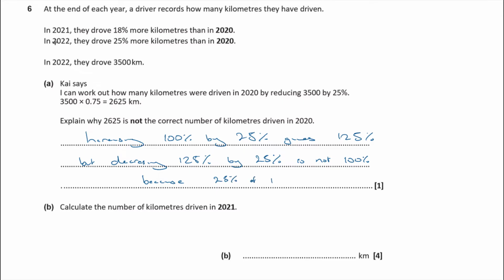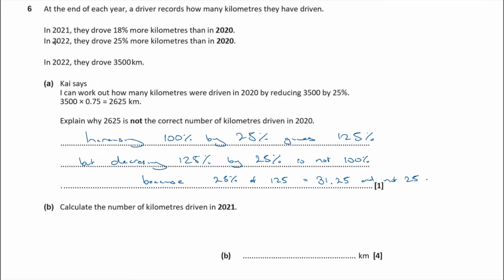So what's a quarter of 125? 125 divided by 4, because 25% is a quarter, isn't it? That's 31.25 and not 25. So you'd be taking off 31.25 rather than 25, so you're not going to get back to 100.